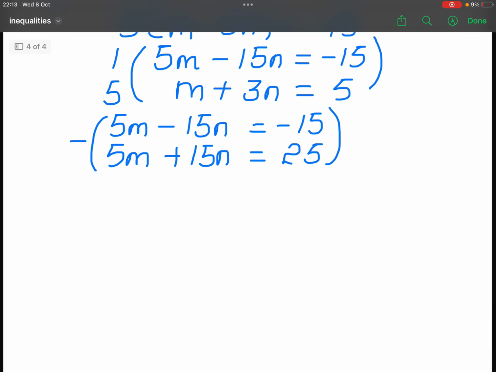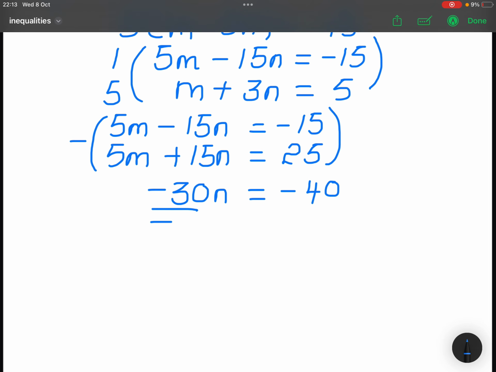So we are going to say 5m minus 5m, 0, minus 15n minus 15n, we get minus 30n. And then minus 15 minus 25, we get minus 40. We divide both sides by minus 30, so that our n is going to be positive 4 over 3.